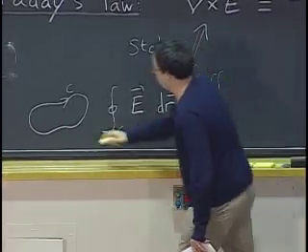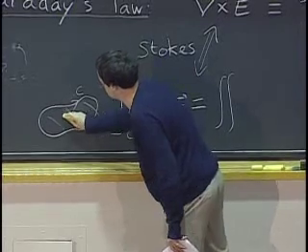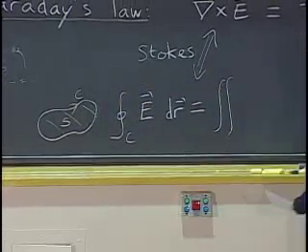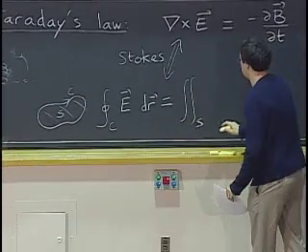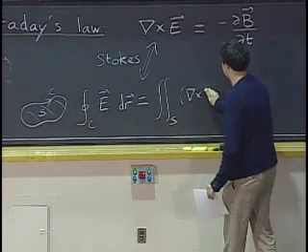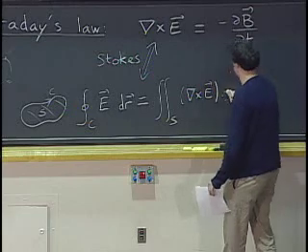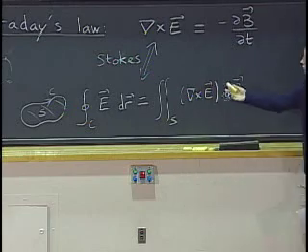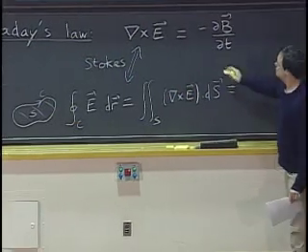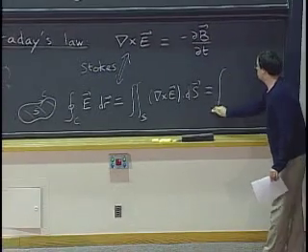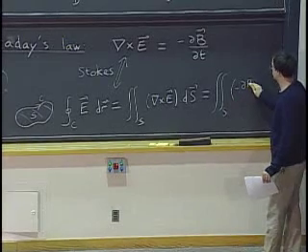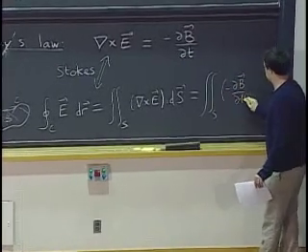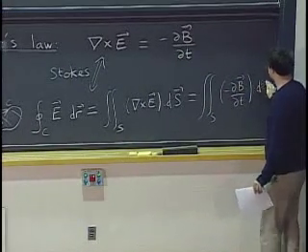That will be the flux through this surface bounded by the curve of curl E dot dS. That's what Stokes' theorem says. And now if you combine with Faraday's law, you end up with the flux through S of minus dB/dt.